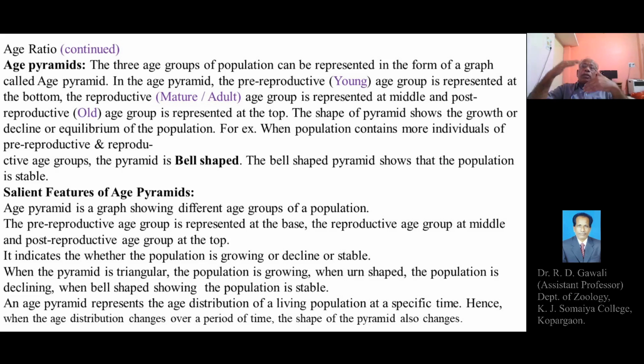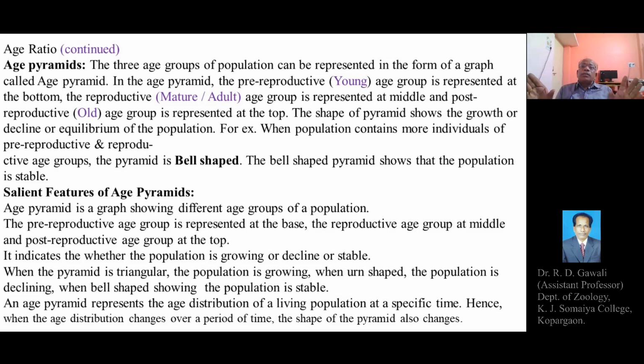Due to the growth and development of the organisms, there is a continuous change, and they are getting transformed from one age group to the next. So there is a transformation of the age classes in a population, and due to this only, the shape of the age pyramid is continuously changing.